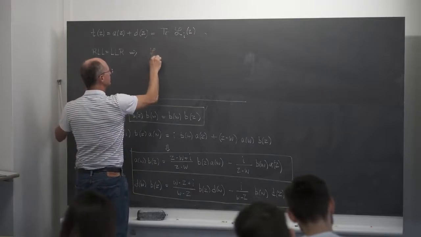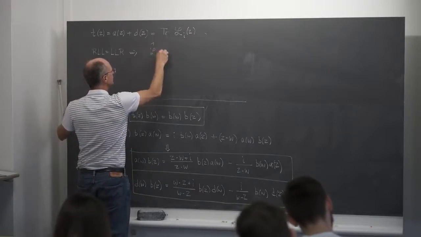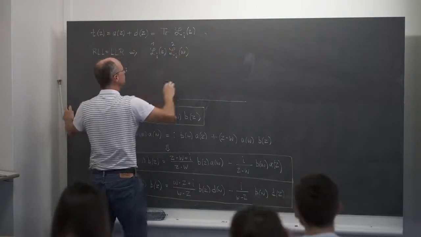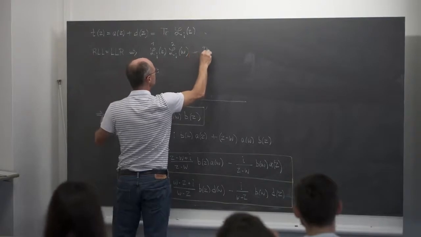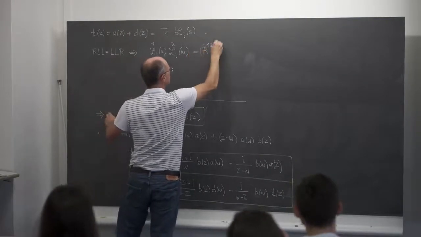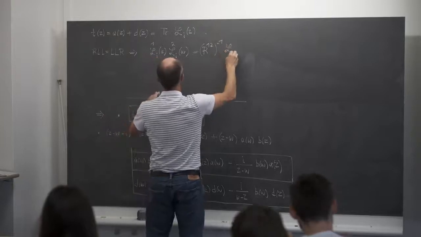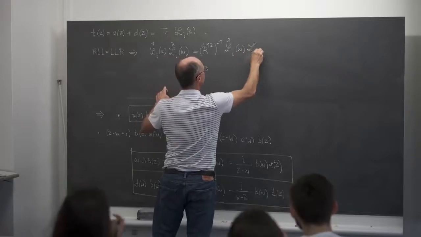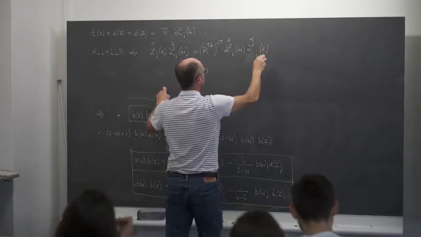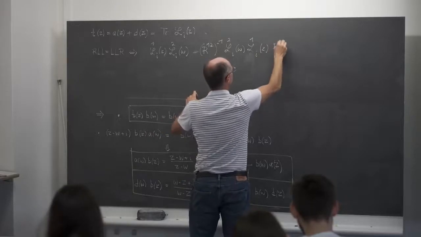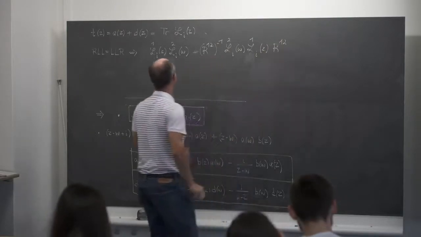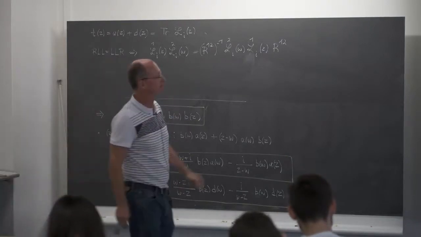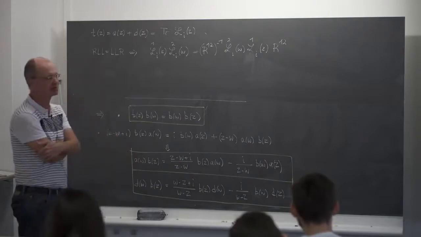So I write it like this: L1 of z, L2 of w is equal to R12 inverse L2 of w, L1 of z R12. Of course, that's the same relation. I just took an inverse, took this R matrix on the other side.